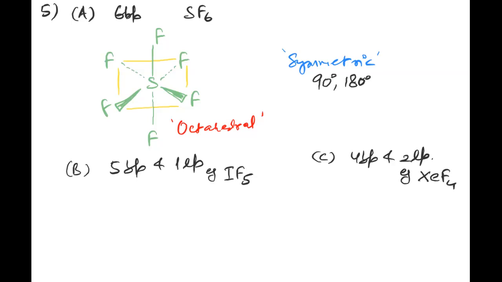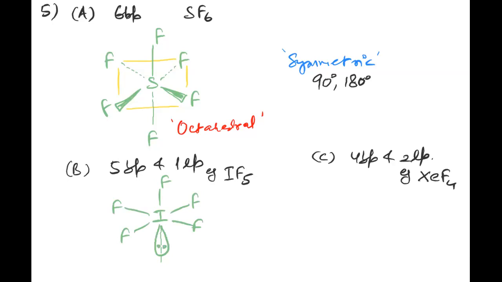So in IF5, it is iodine, with fluorine, another fluorine atom here, another fluorine and another fluorine atom here, and it should have a lone pair of electrons here.